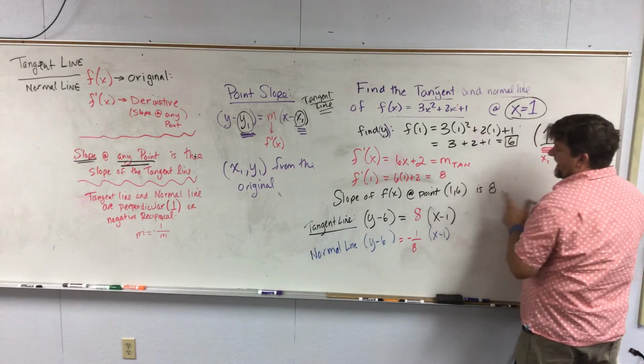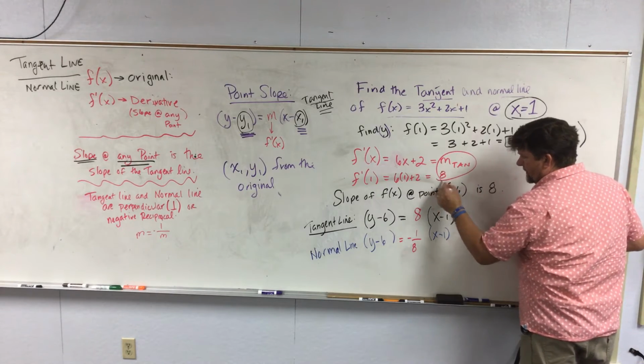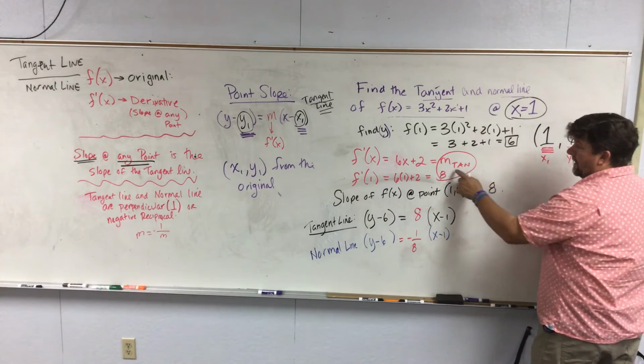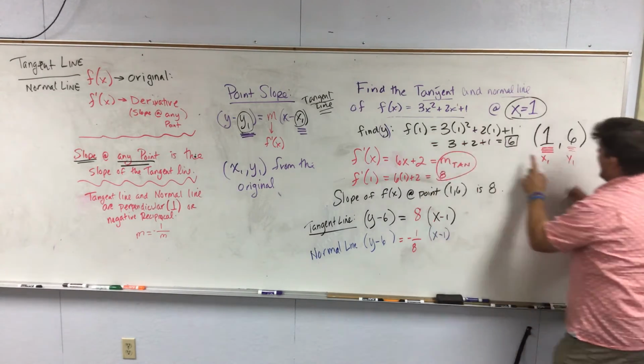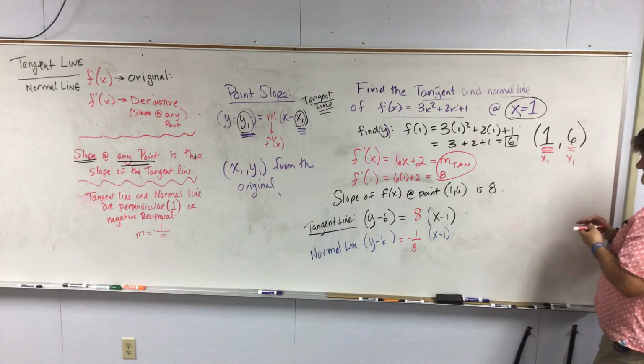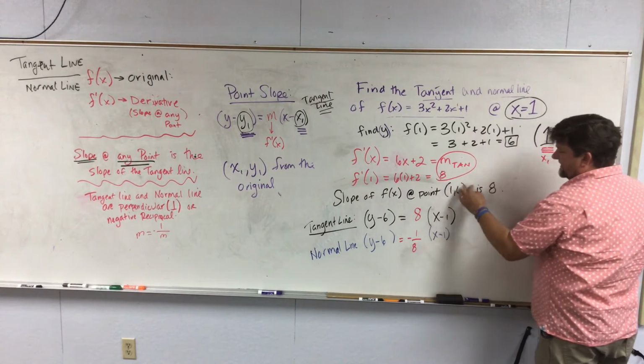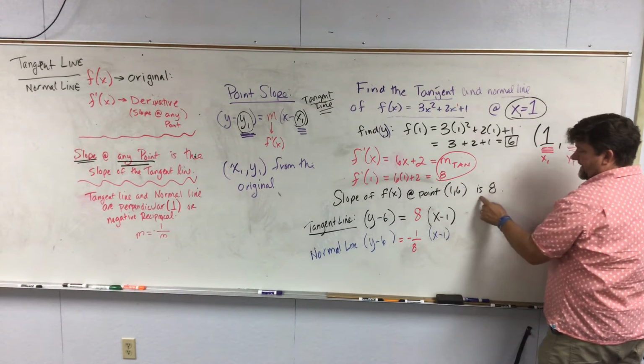What we have here is the slope of f of x at this point. Two separate things. So what we're saying is this: the slope of f of x at point (1, 6) is 8.